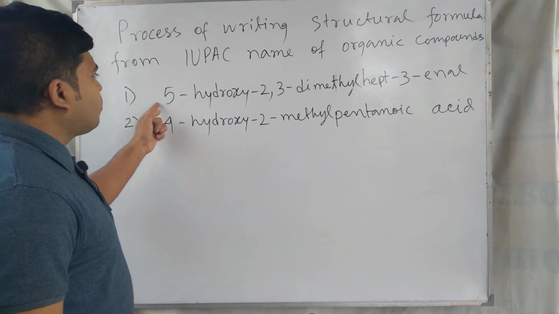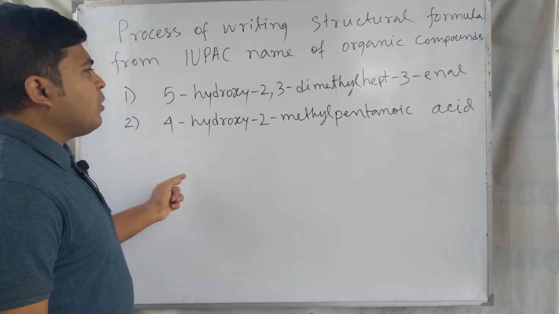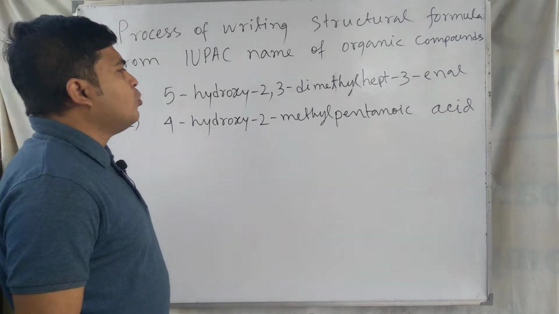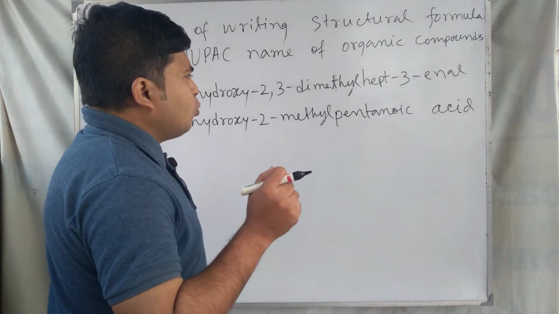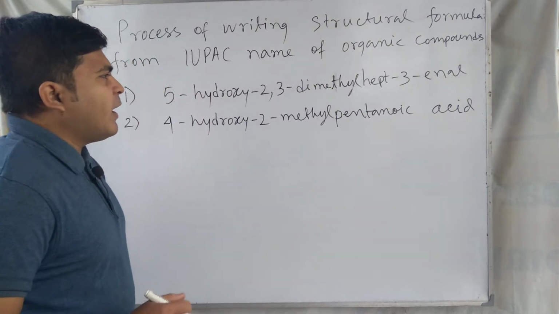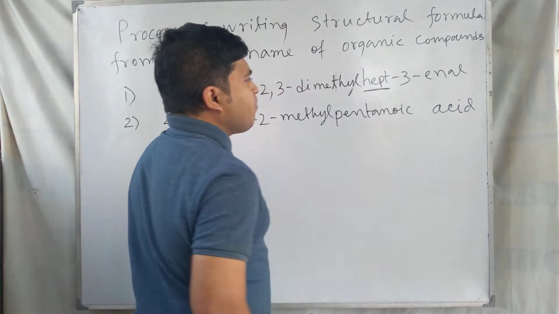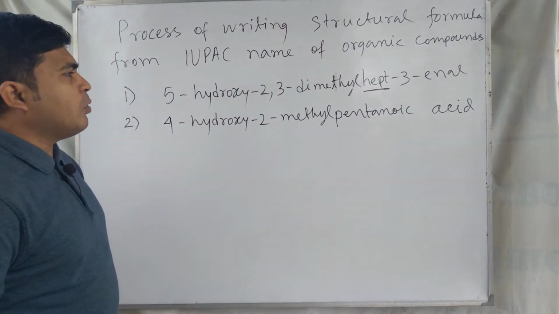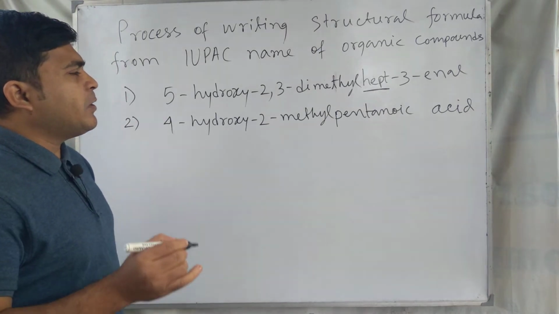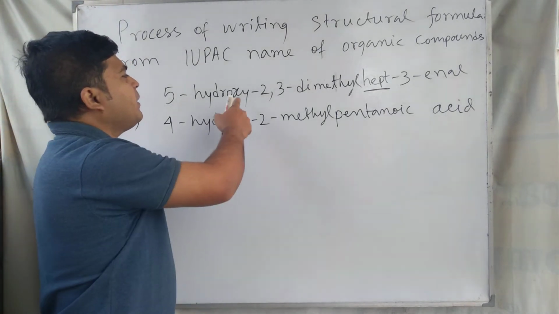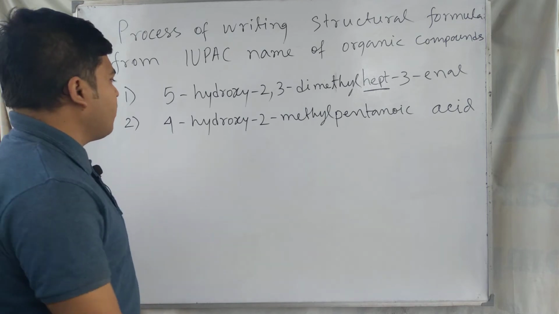At first we solve problem number 1. The process is, at first we have to note the root word that is written in the IUPAC name. Here we find the root word hept, which defines that the number of carbon atoms present in this organic compound is 7.